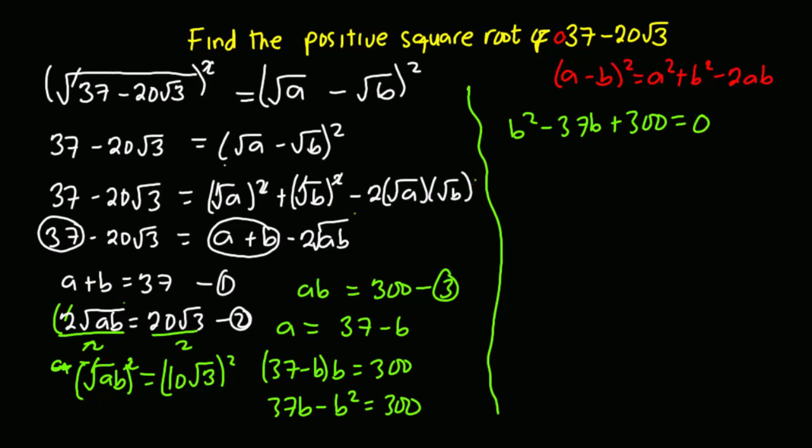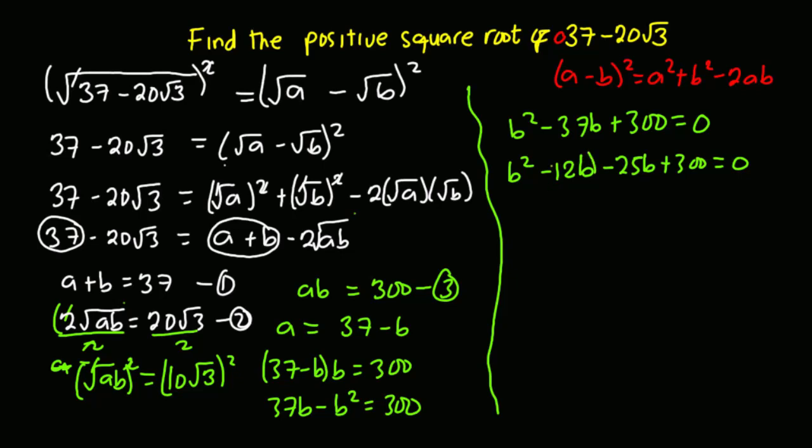So if it is equal to 0, factorizing this, we are going to get B squared minus 12B, then minus 25B plus 300 is equal to 0.